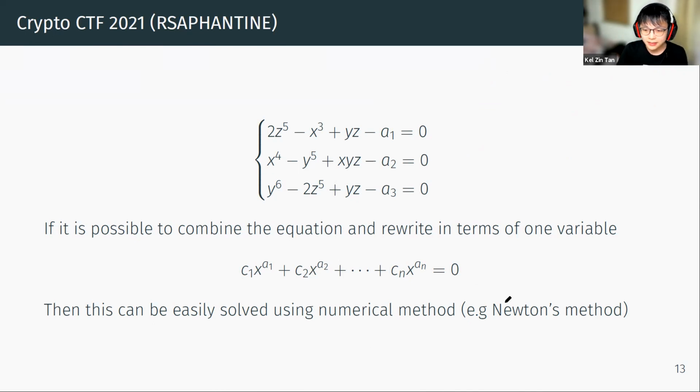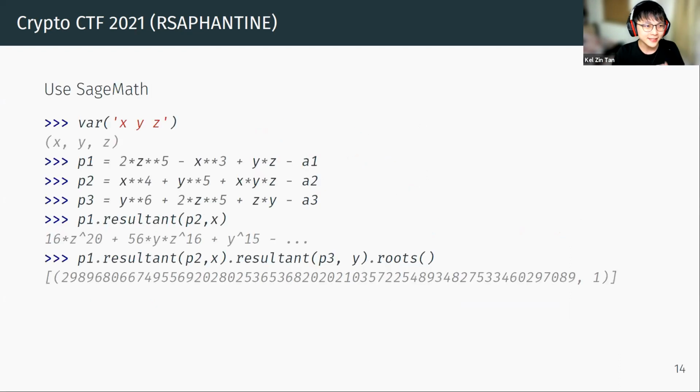Newton's method is the way your calculator solves this kind of equation, if you remember. So how can we do this? Also by using SageMath. Of course, you can do it by hand and try to do some multiplication and so on, but it's really hard. Just by using SageMath, we can write.